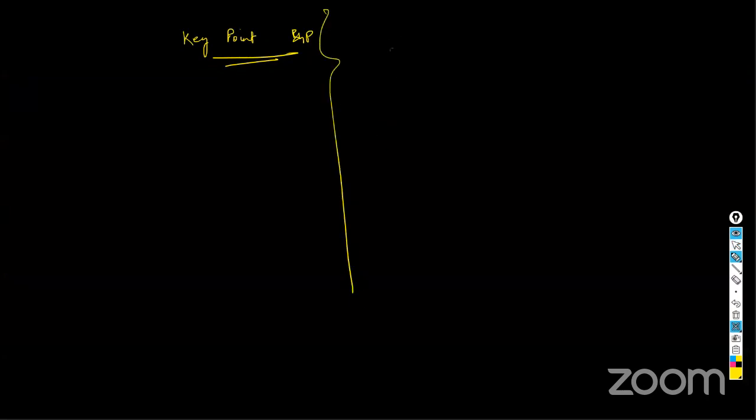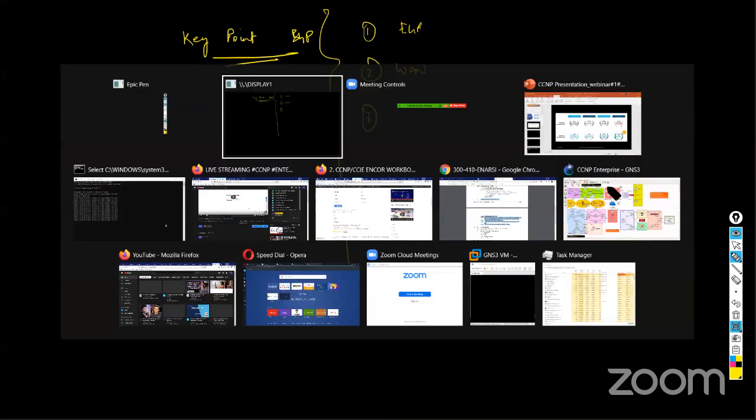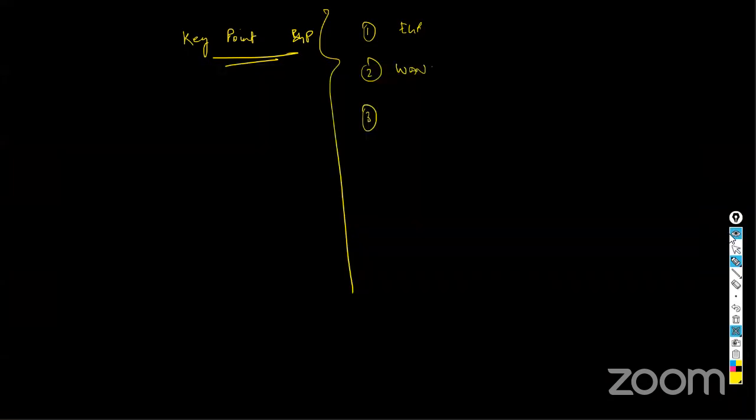Well, I see a lot of guys adding their key points. Okay, it's an EGP protocol, or I can say it's a WAN protocol. Which vector does it follow?